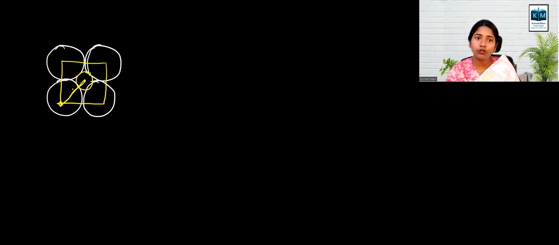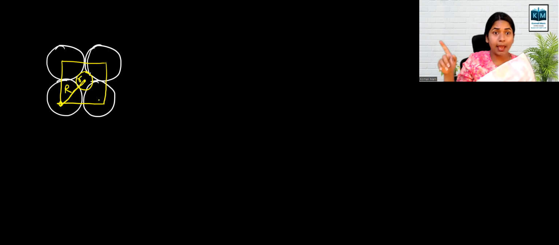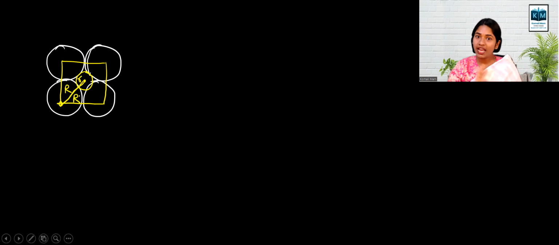From this center to the valency shell is R. From here to here, it is R. Got it? The bigger atom radius is capital R. This is a small r. And from here to here, the radius is capital R. That's it. For the bigger atom, from center to valency shell, it is capital R, and for the small atom, from valency shell to the center is small r.